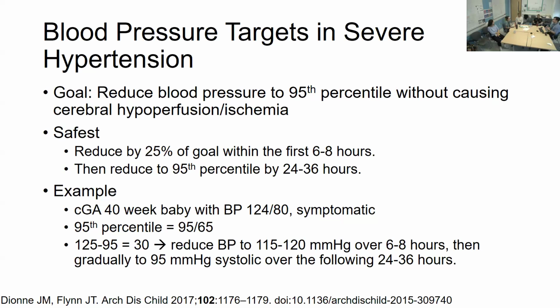Often what we'll do is initiate a long-acting medication that will take time to kick in, like amlodipine, for example, and then you can start increasing the nicardipine. The goal is that by the time the amlodipine has kicked in, you can start to wean off the infusion and slowly replace it with your oral antihypertensives.